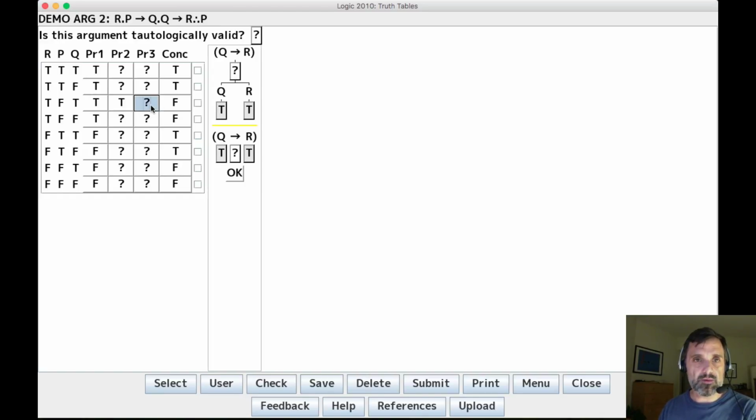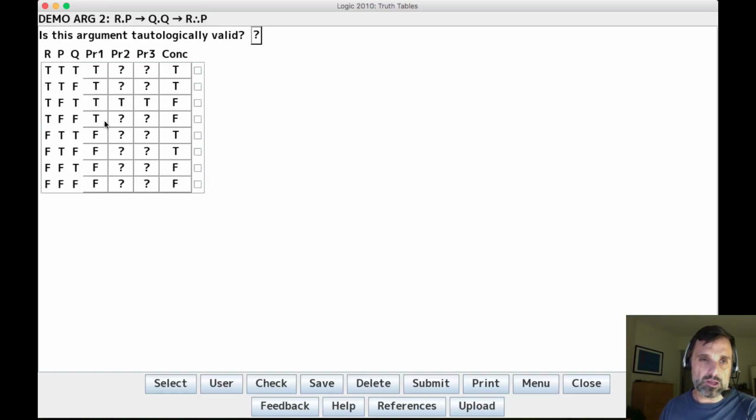Let's look at the second premise. If Q then R. True antecedent, true consequent, true conditional. Okay, so we have true premise, true premise, true premise, false conclusion. This then is a counterexample row because all the premises are true and the conclusion is false.